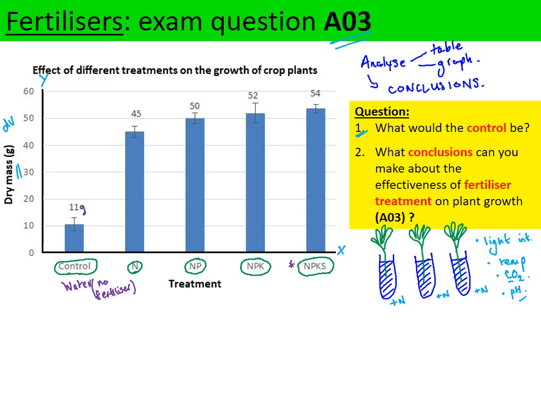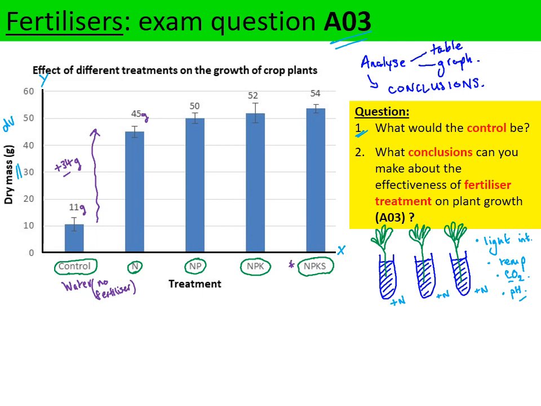Now, treatment with just fertilizer with nitrogen added gives us 45 grams. So we want to compare these two values together. So we can see that between the control and the treatment with just nitrogen, we get a 34 gram increase in dry mass.